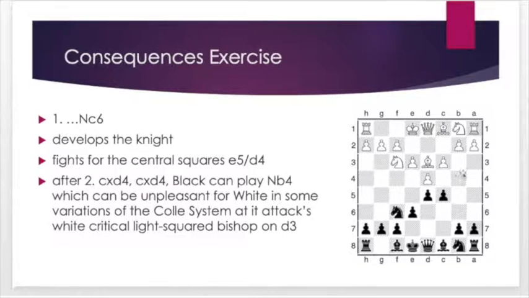If we were to open up an attack and potentially trade one of our pieces for this bishop on d3, that would be a major positional advantage for us, because we have gotten rid of white's best, most critical piece, and we have traded it for something of qualitatively less value.